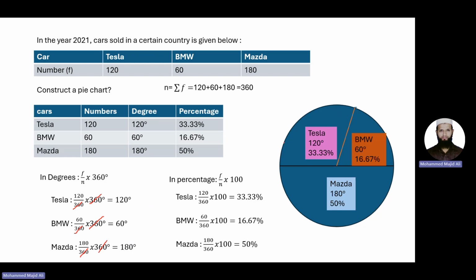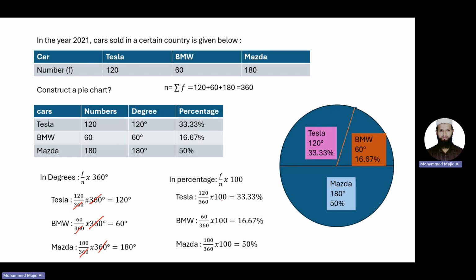If you use this circle, 180 degrees for Mazda will be half of this circle, that is the sector will be a half circle. For Tesla, it is 120 degrees, so it will be covering this much area. 60 degrees for BMW will be covering the remaining area.